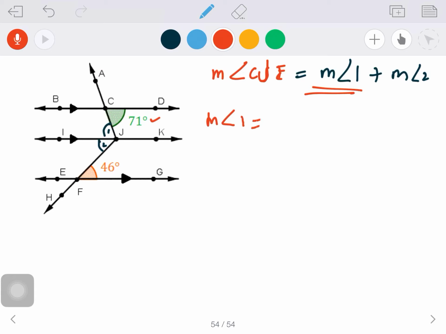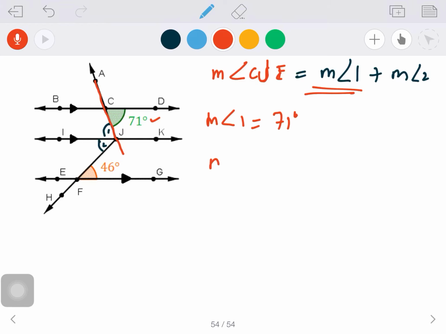Okay, so the key here is to somewhat extend this a little bit further down, and we can see that angle 1 and 71 degrees are actually alternate interior angles, and they are just equal. So which means to say angle 1 is 71 degrees.